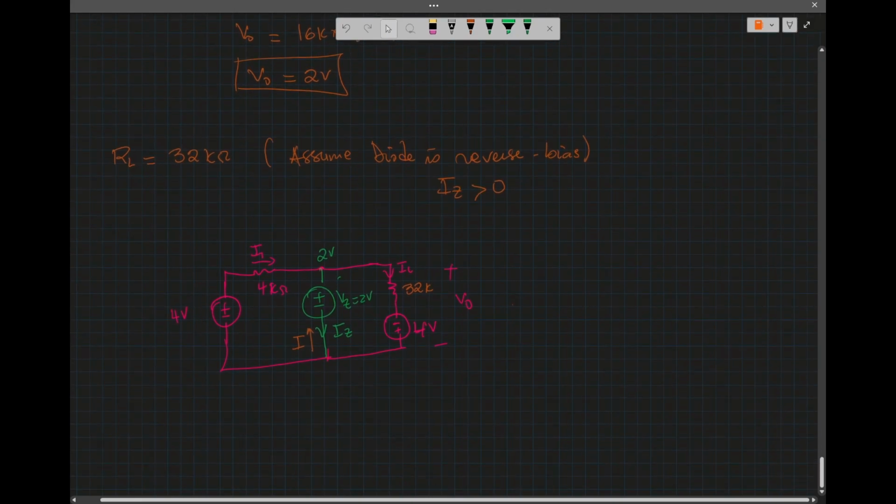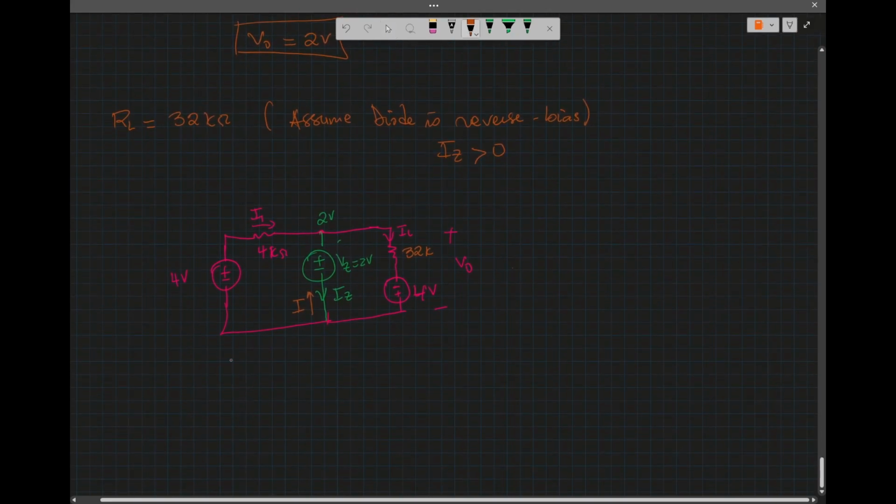So for that, we know that I1 remains the same, 4 minus 2 over 4K, which is 0.5 milliamp. Now IL is 2 minus 4 over 32.